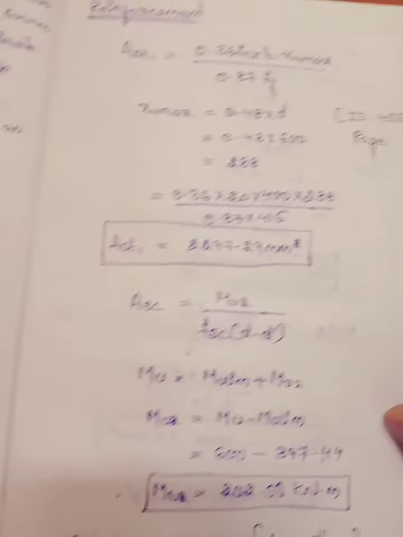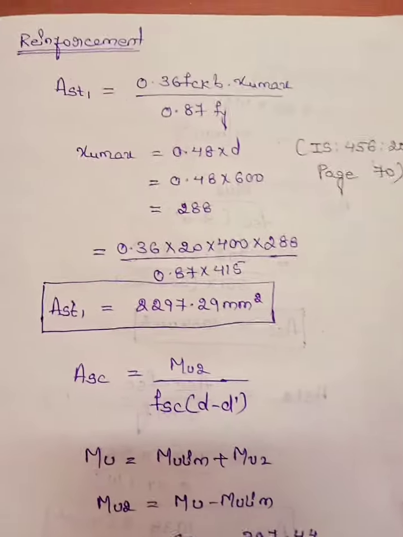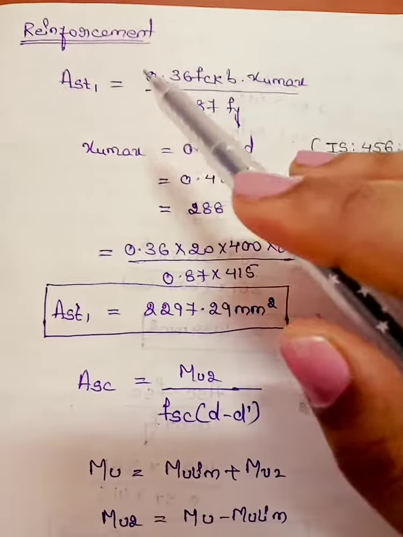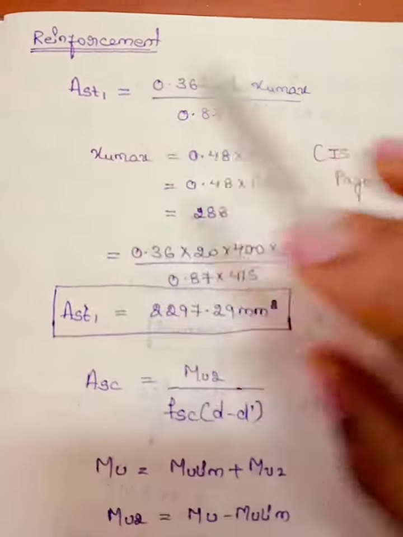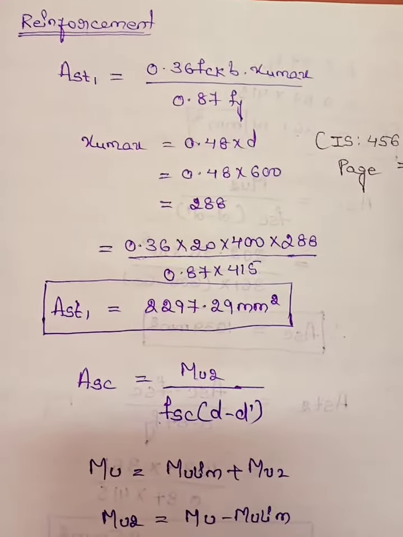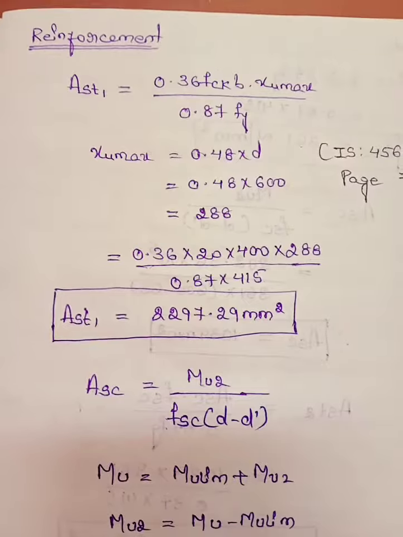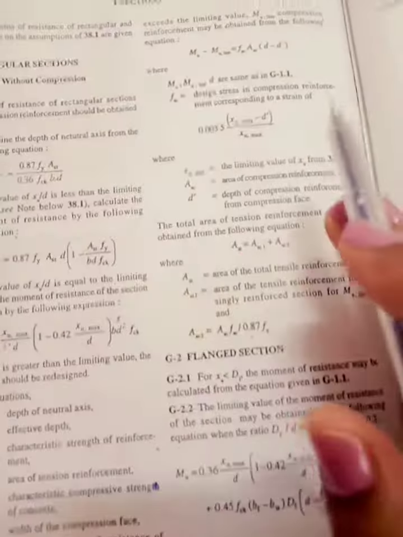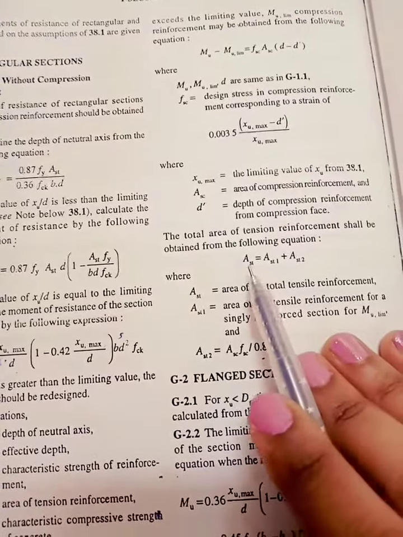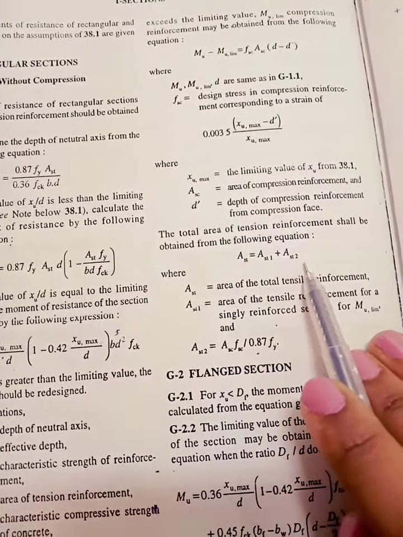To find the AST, we need to find AST1 and AST2. On page 96 of IS 456-2000, we have the formulas: AST is equal to AST1 plus AST2.